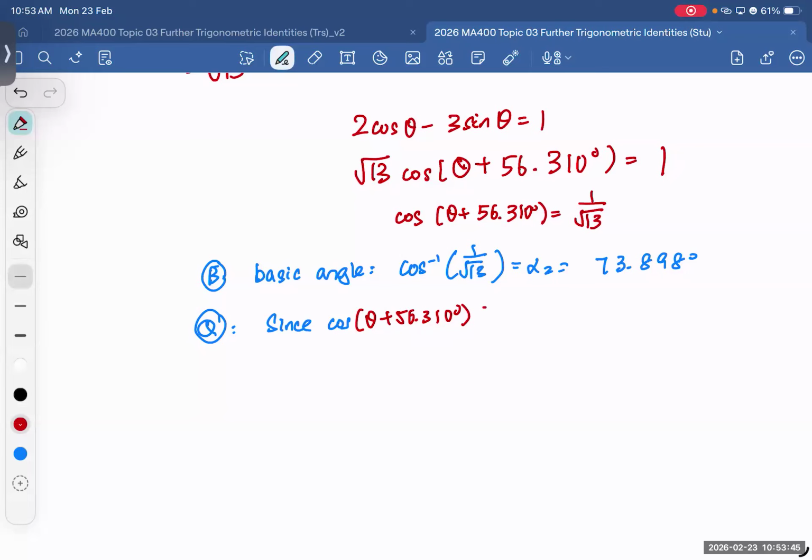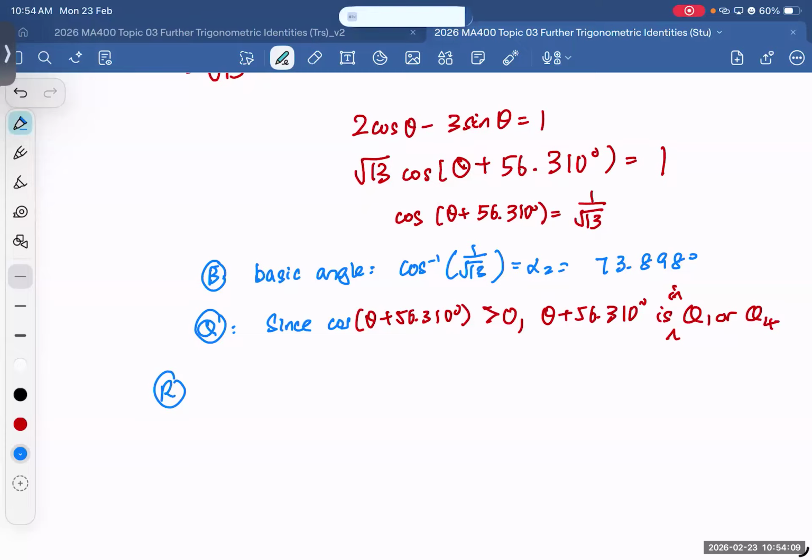Now this is equal to, it's more than 0. When you have cosine to be positive, it means that theta plus 56.31 must be in quadrant 1 or quadrant 4. ASTC, add sugar to coffee. Then you have range. Again, translated angle, translated quadrant, translated range.